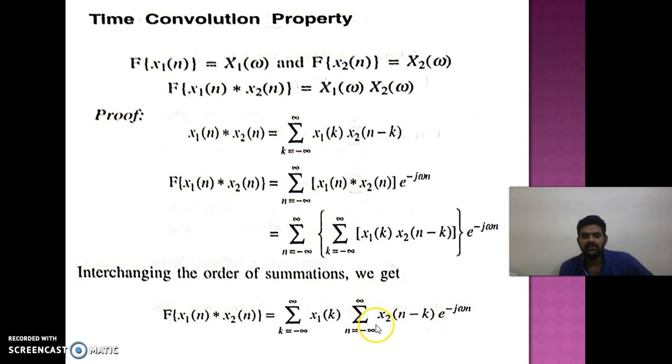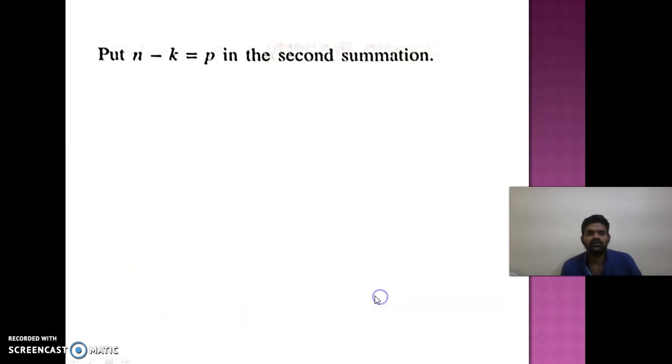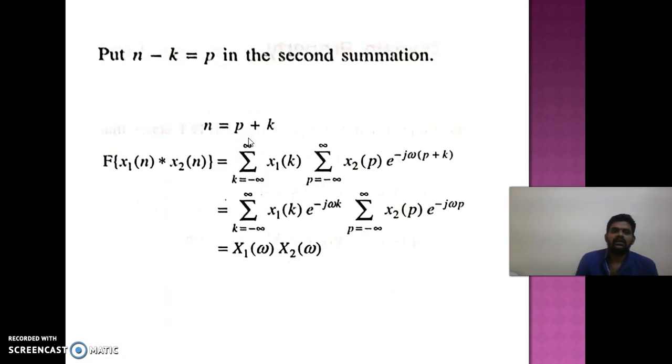Applying the time shifting property, let n minus k equal some constant p, so n is equal to p plus k. Substituting that, the sum of x2 of p times e power minus j omega p is the formula for the DTFT of x2 of n, that is X2 of omega, and it is left with e power minus j omega k.